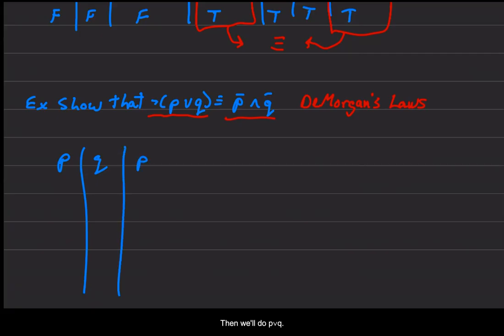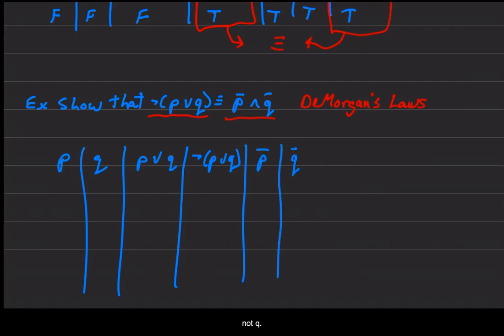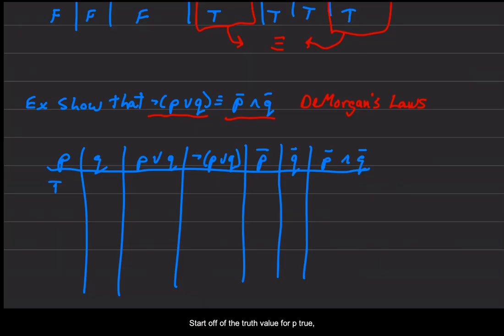Then we'll do P or Q. Then we'll do the negation of P or Q. Then we'll do not P, not Q. And then we'll do not P and not Q. So we'll start off with a truth value for P, true, true, false, false, and Q, which is true, false, true, false.